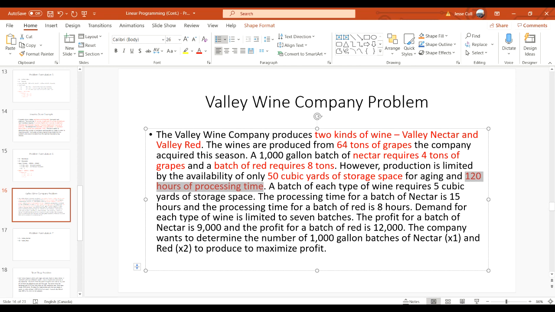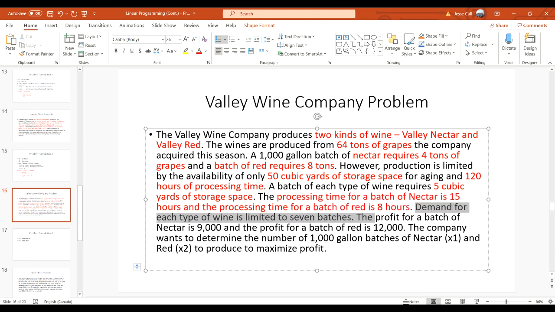A batch of each type of wine requires 5 cubic yards of storage space. So this relates to storage again. Processing time for nectar is 15 hours, and the processing time for red is 8 hours. This relates to time. So we still have 3 limitations so far. The first one is grapes, the second is storage space, the third is time. All information so far has related to that.